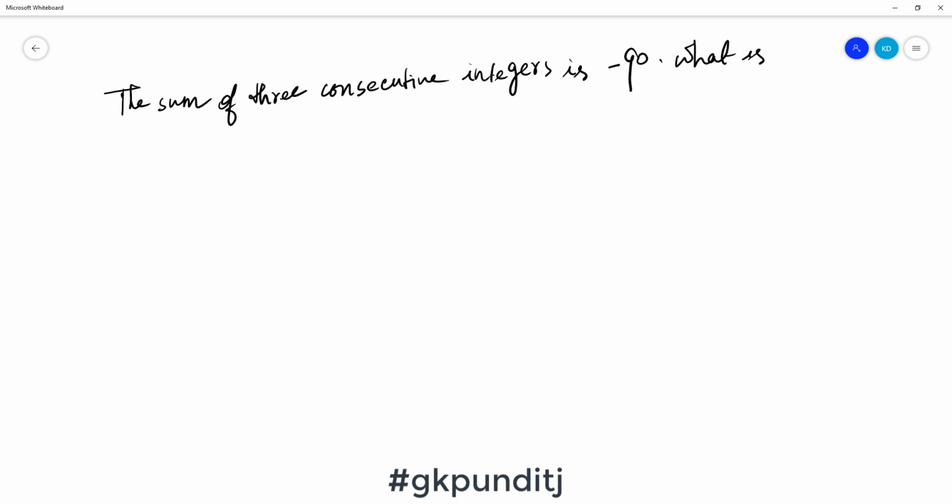What is the largest integer? So here will be a tricky part, this type of problem where you need to be careful.